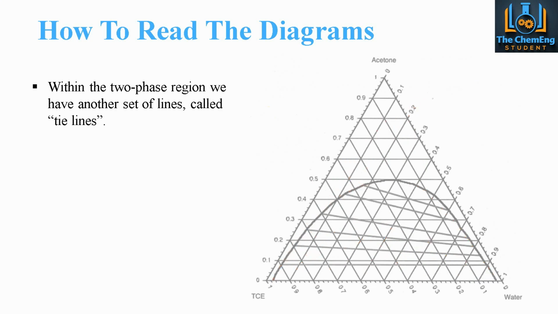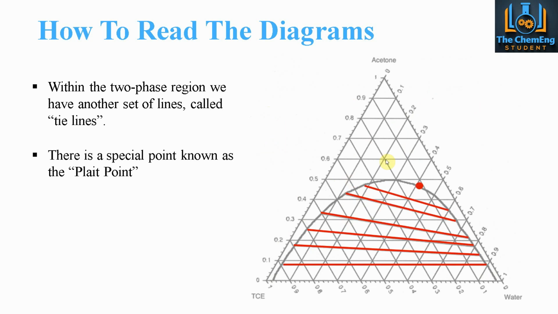Now within the 2-phase region, we can see we have these lines. These are called tie lines, and the tie lines give us information about the equilibrium within the system. So that's all these lines here. Now, there is a special point at this part here, so if you were to follow the lines as we gravitate towards the edge, when these points converge, where the turning points basically become zero, this is known as the plait point.